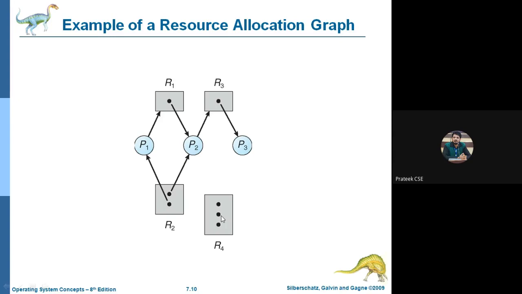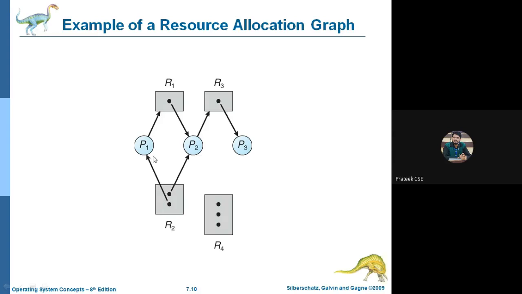That means we have 3 different printers which are connected to a single system. And suppose this is a kind of memory or any other file, R2 has 2 different instances.